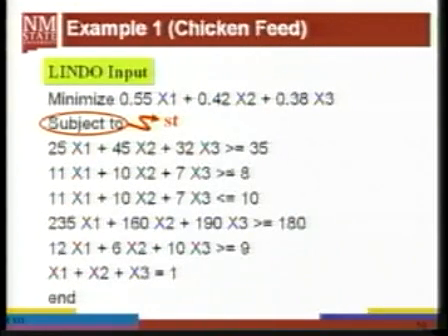On the next line after the objective function, you need to enter the words subject to, or just the letters ST. Then on the following lines of your model, you enter each constraint one by one. Just remember, all of the decision variables should be on the left-hand side, which means every constant should be on the right-hand side.